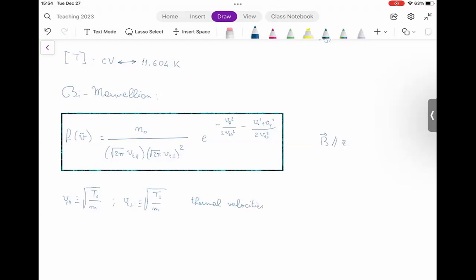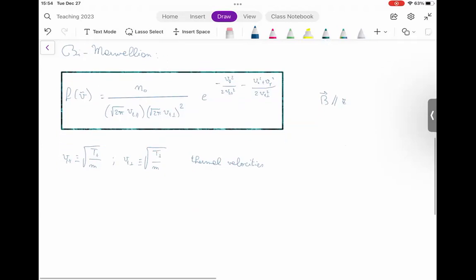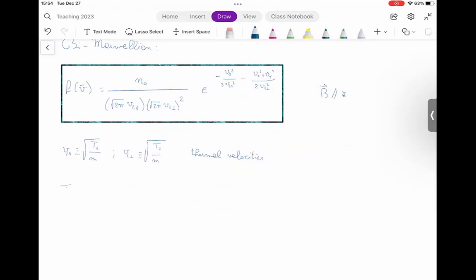Now, that's great for complicating things, but it's also going to be, in general, true for either species. That is, ions and or electrons can have different temperatures in different directions. But ions and electrons can also have different temperatures among themselves. That is, the temperature of the ions in general can be different from the temperature of the electrons.